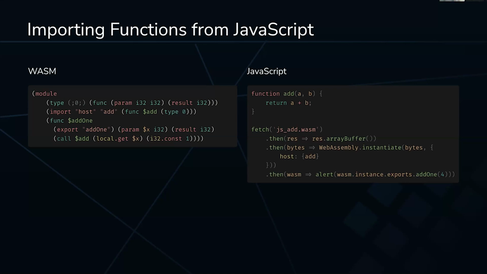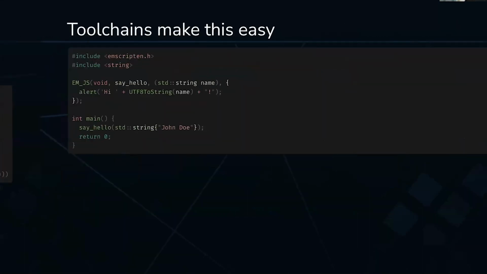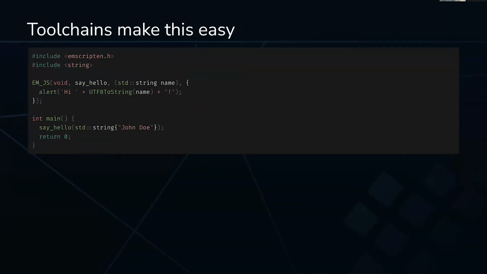Ideally, though, we're not writing this code by hand. What toolchains give us to solve this problem and our previous problem is inline JavaScript. So we can have parts of our, in this case, C++ code where we say, hey, I'm going to write some actual JavaScript. It's going to take a standard string as input, and this is the JavaScript code I want you to execute.